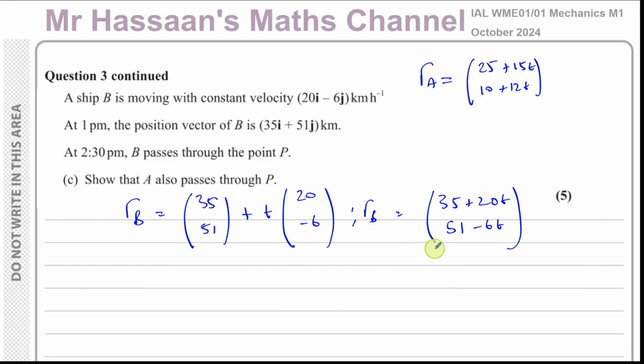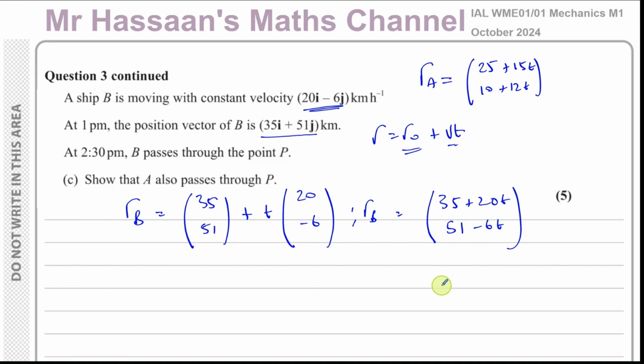That's the position vector of B at any time from 1 p.m. Remember it's r equals r0 plus vt. So r0 is this, and v is this.